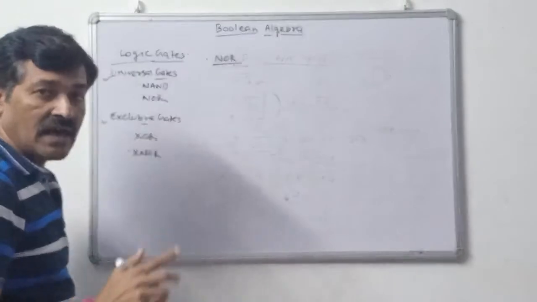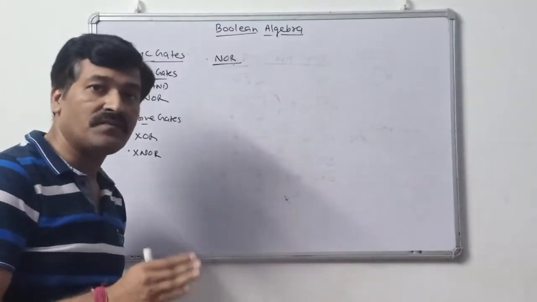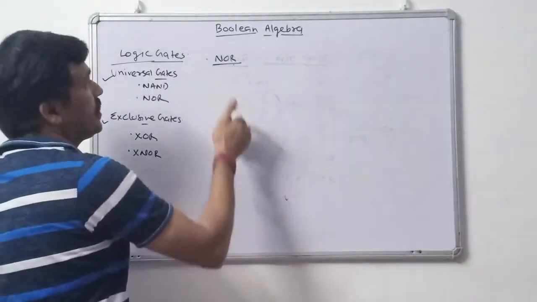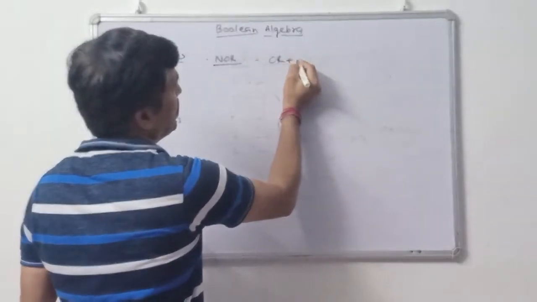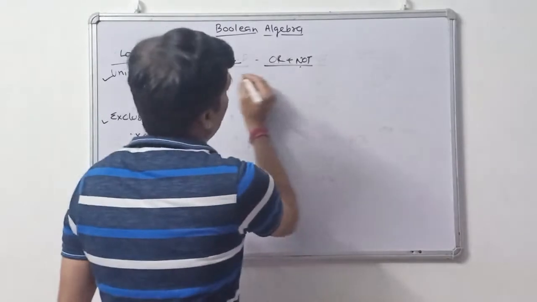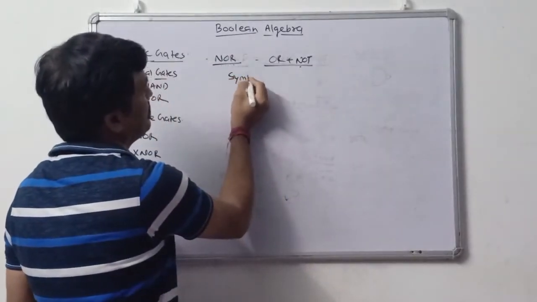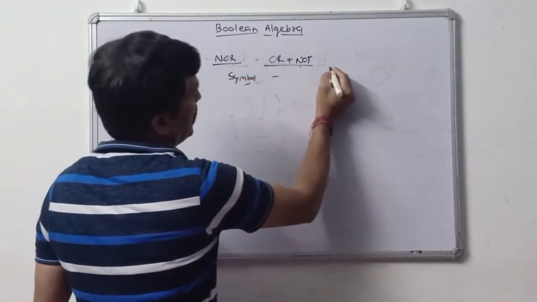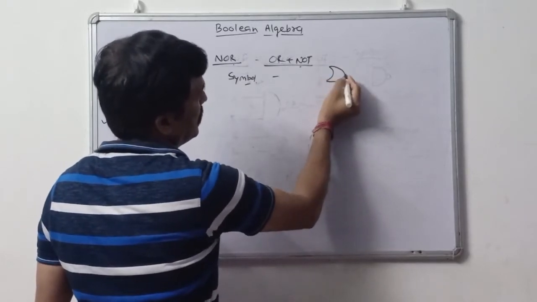The second is NOR. As NAND was the combination of AND plus NOT, here NOR is the combination of OR plus NOT. The working is the same. The symbol here is OR with a NOT.